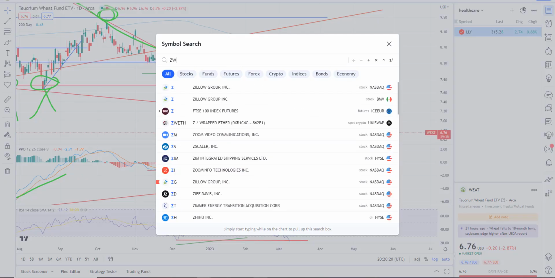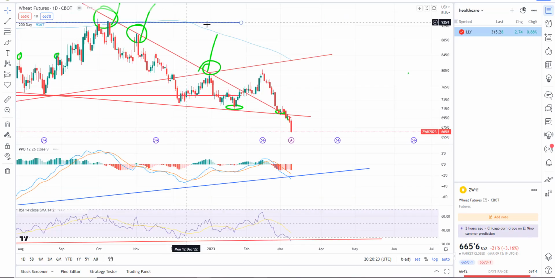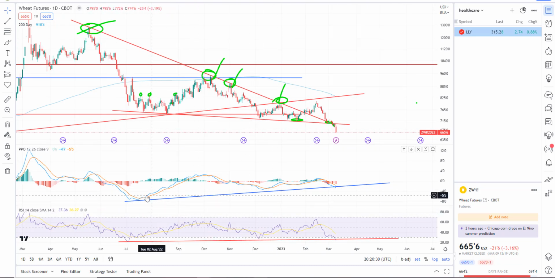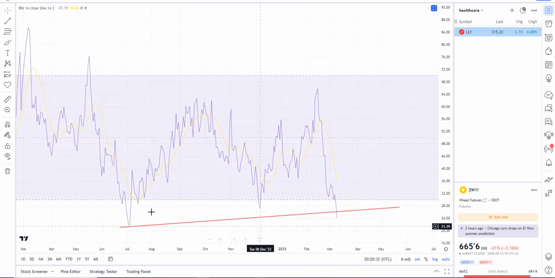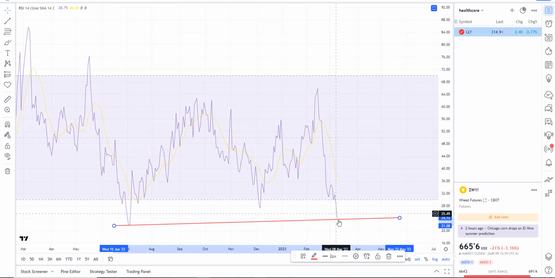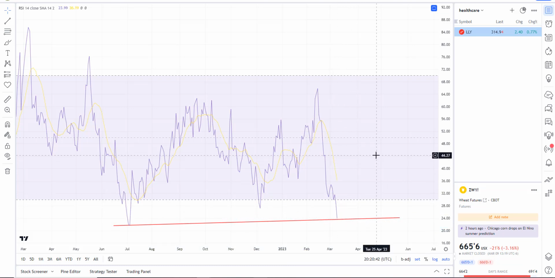Let's go to the wheat futures. Again, this is the one I really like to trade off of more than the actual chart of the ETN. On the wheat futures, again, bullish divergence on the PPO. And if I look at the RSI, we still have bullish divergence. You can see here that we're heading straight down. We need to turn up very soon or we're going to burn through the divergence, but it is there.